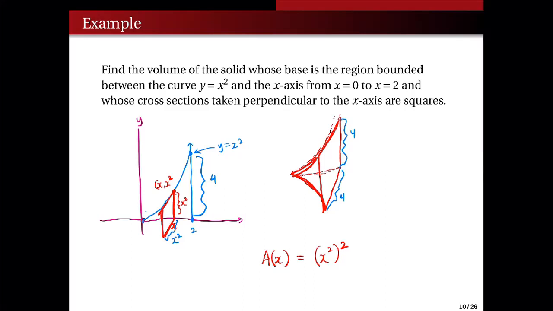And that's one way to think of it. Another way is, since you know that they are perpendicular to the x-axis, as a slab, like this square here, your slab is vertical. So the approximating slab is vertical, which means you use variable x.